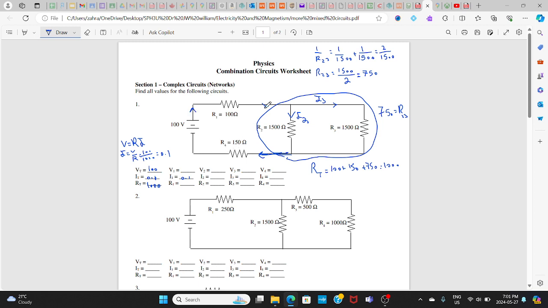Again, this outgoing would be the addition of I2 and I3. So that would be the same as I4. So I4 is going to be 0.1 as well. I just need to figure out I2 and I3. So looking at this picture, I'm going to just erase something maybe.